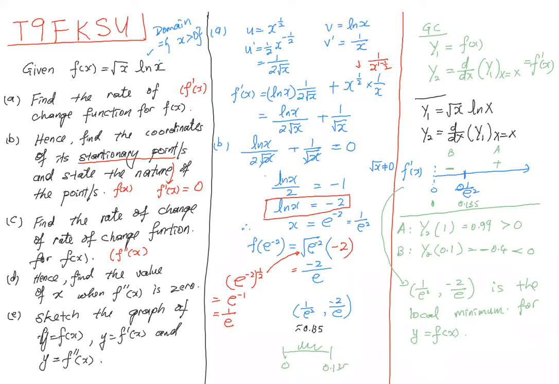Okay. So part C, I go to the next page. For part C, you have to write down your f prime x first. This is a very tough one to do, but it's doable.